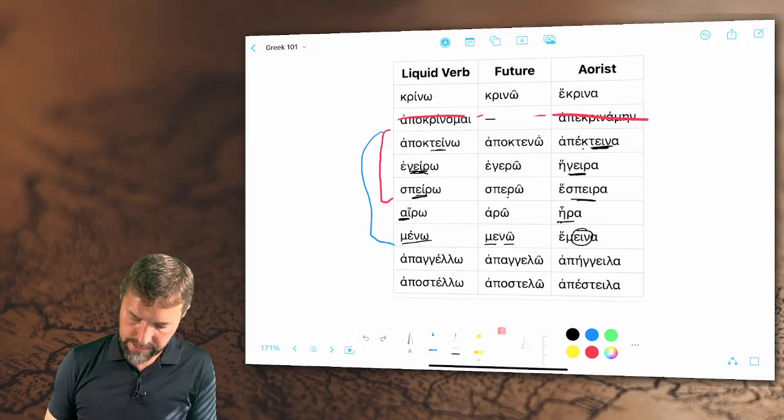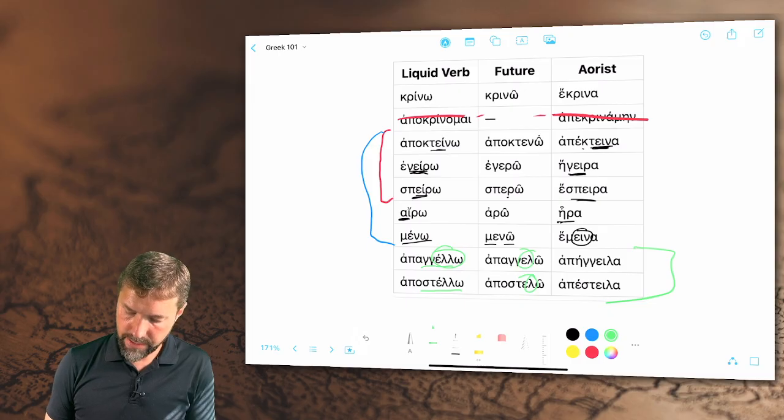And my last set is that the pattern down here, these last two, have a pattern with a stem, apangello and apostello, where the double lambda here drops to a single lambda there. And a single lambda here matched by an eta iota, or epsilon iota here.